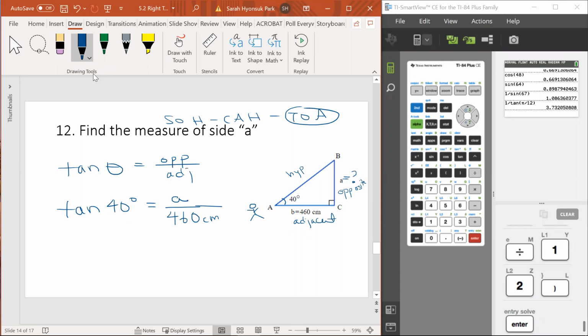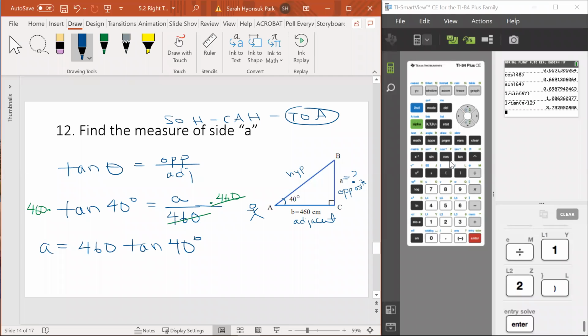And now to solve for A, this is a fraction, 460 centimeters. So we are going to get rid of that 460 centimeters by multiplying both sides by 460. So A is equal to 460 times tangent of 40 degrees.